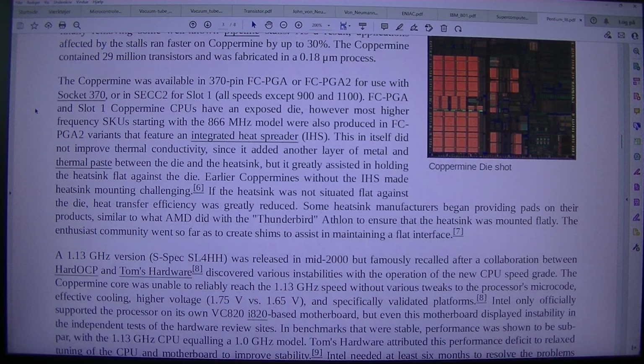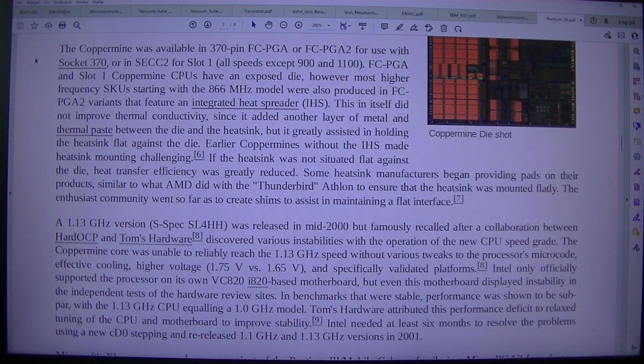The Coppermine was available in 370-pin FCPGA or FCPGA2 for use with Socket 370, or in SECC2 for Slot 1, all speeds except 900 and 1100. FCPGA and Slot 1 Coppermine CPUs have an exposed die.